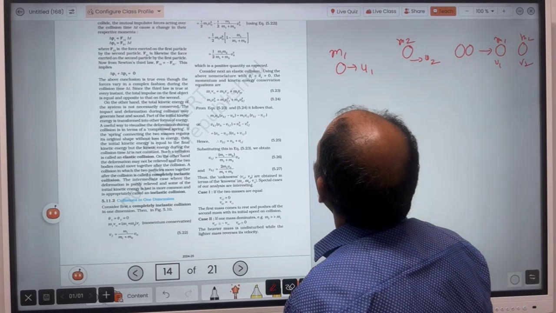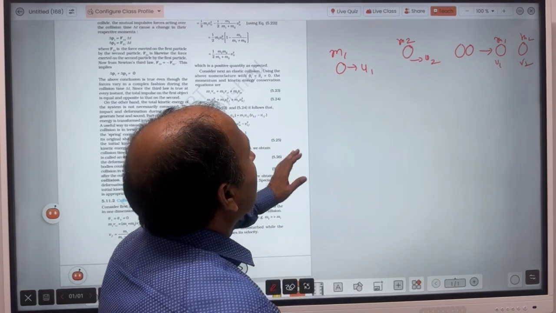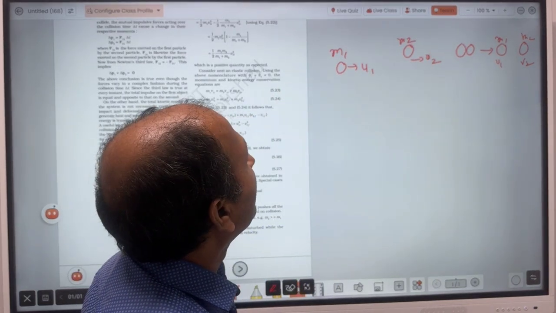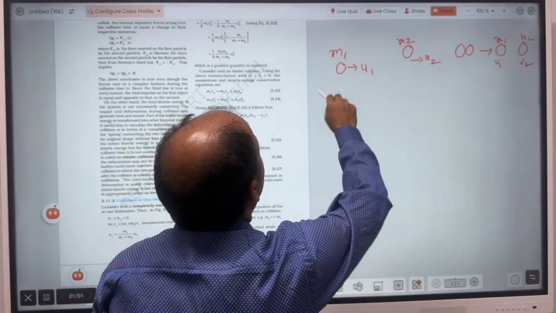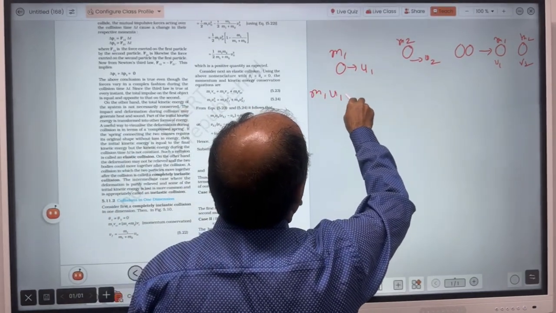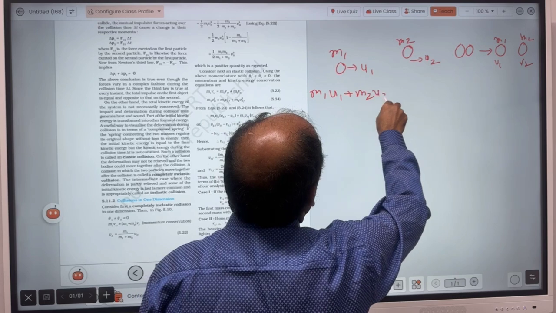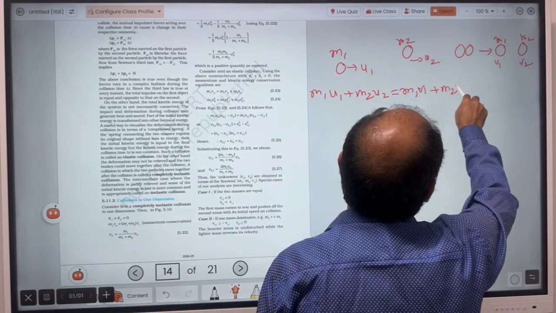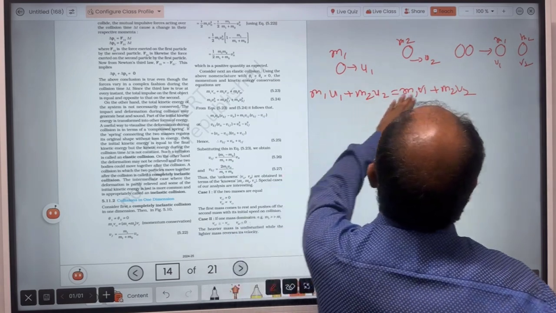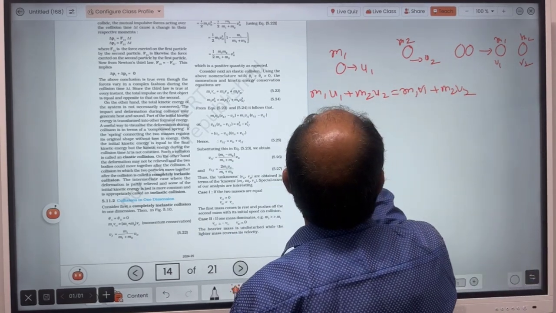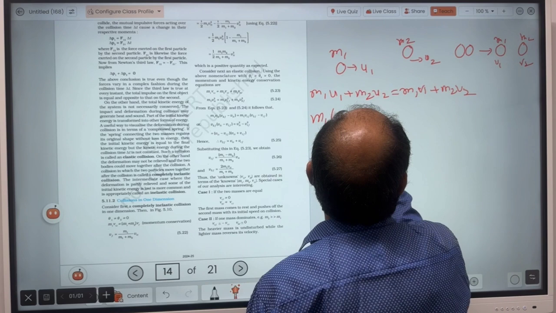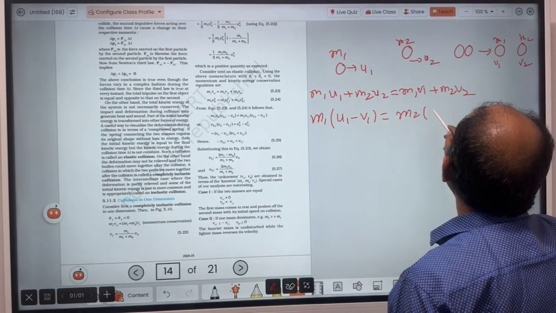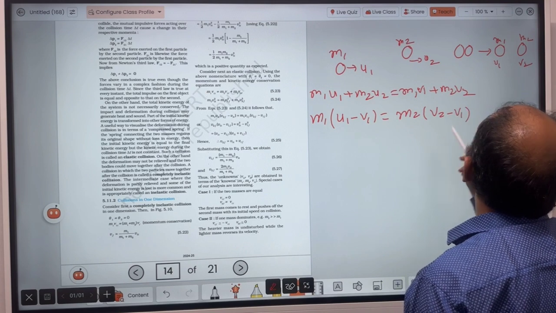Now we are assuming that the collision is elastic, so kinetic energy and momentum both remain conserved. So we can say that m1 u1 plus m2 u2 must be equal to m1 v1 plus m2 v2. Now take m1 terms to the LHS, so you write m1 times (u1 minus v1) is equal to m2 times (v2 minus u2).